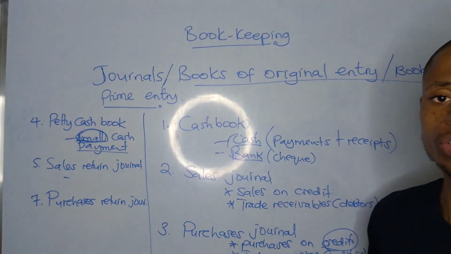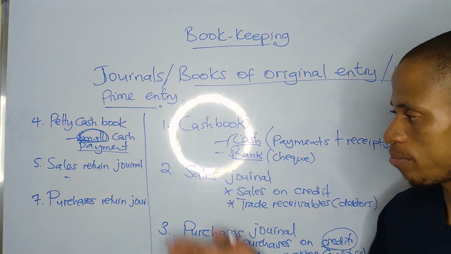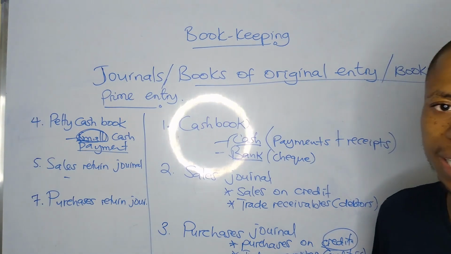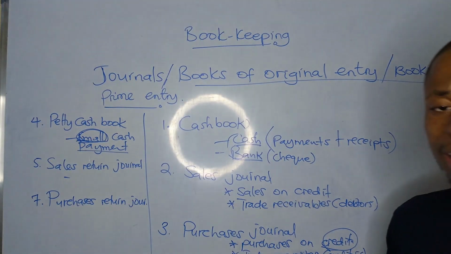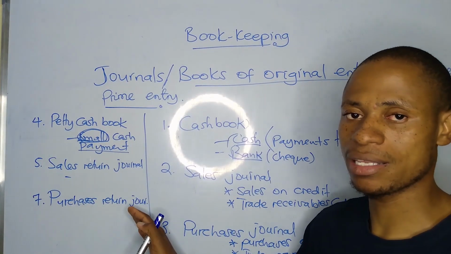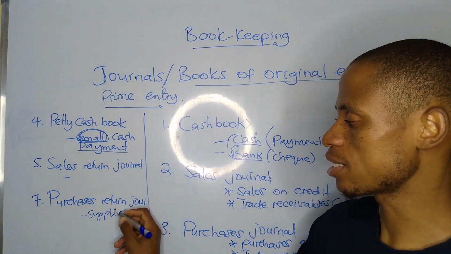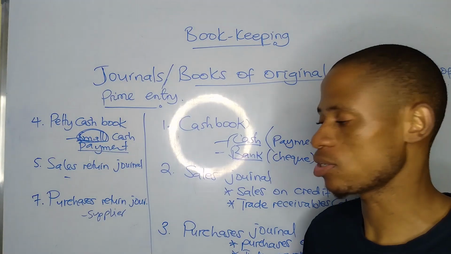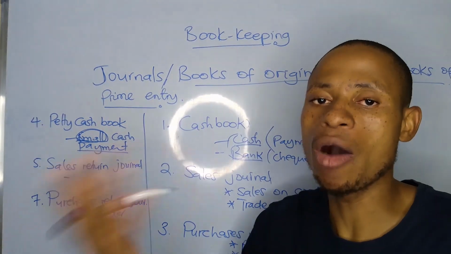Now, if we decide to return goods to the supplier that were once bought, for reasons such as being damaged, wrong orders, wrong size, or delivered late, all those goods that have been returned are recorded in a purchase return journal. So all the goods returned out to the supplier are recorded in a purchase return journal, also known as a return outwards journal.